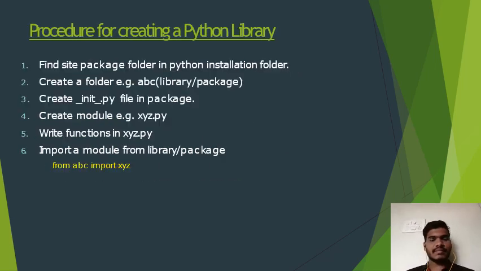Procedure for creating a Python library: find the site-packages folder in the Python installation folder. Create a folder, for example abc library or package. Create an __init__.py file in the package. Create a module, for example xyz.py, and write a function in xyz.py. Import a module from a library or package: from abc import xyz.